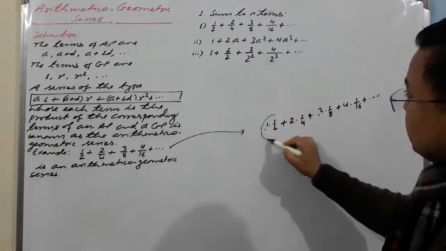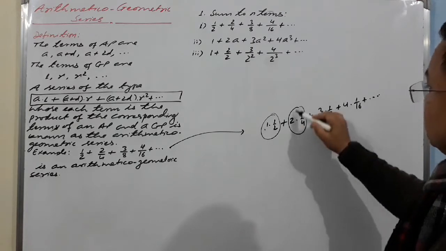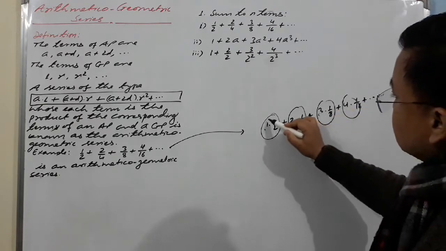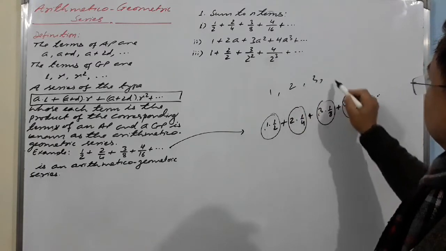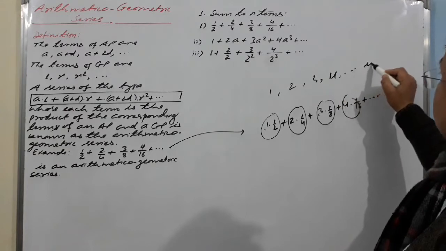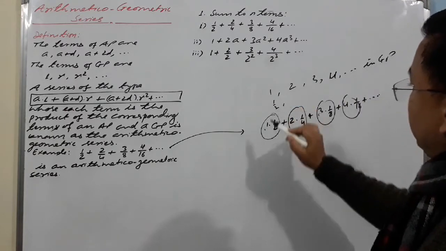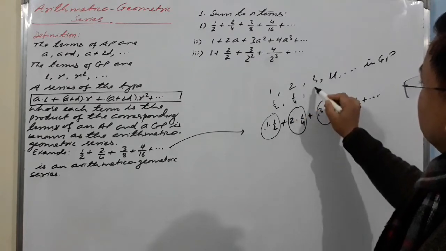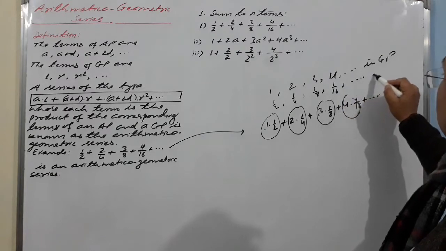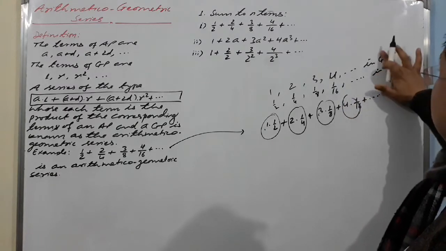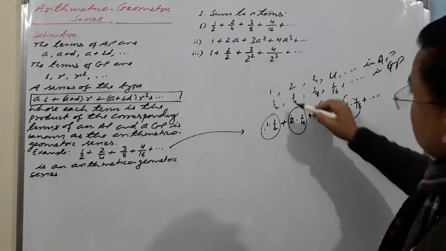Here you can see the product of corresponding terms of an AP and a GP. Here 1, 2, 3 and 4 are in AP, arithmetic progression, and half, 1/4, 1/8 and 1/16 are in GP.